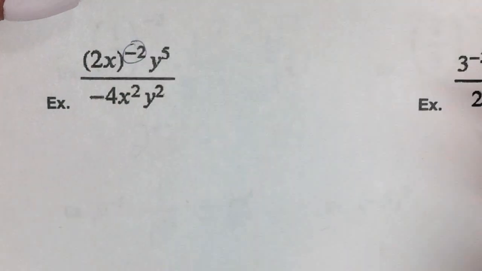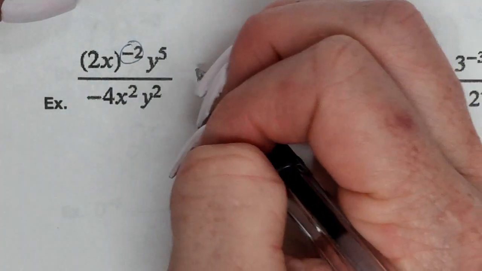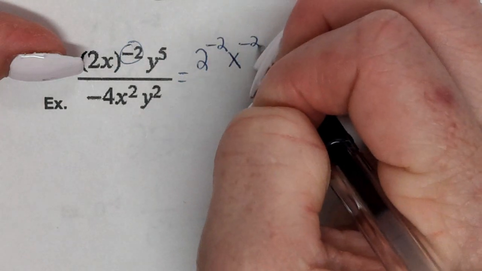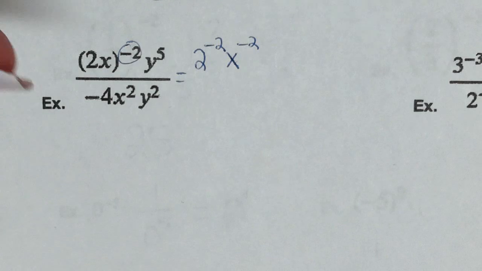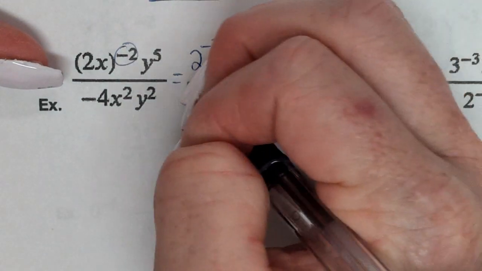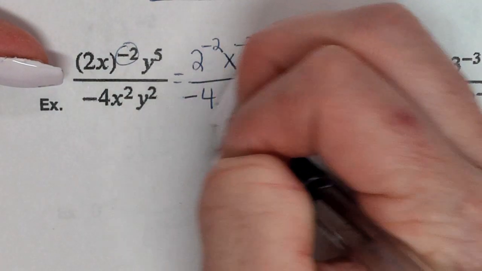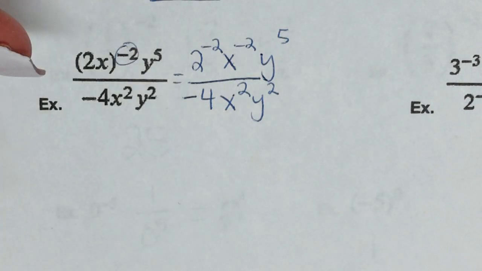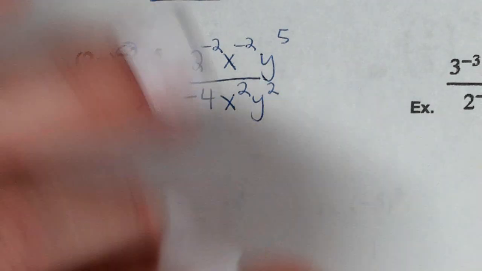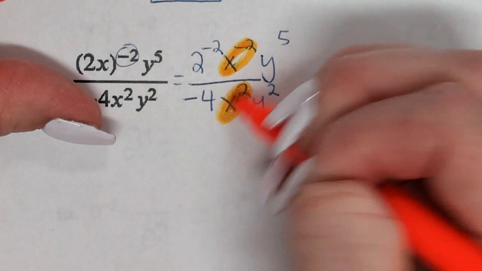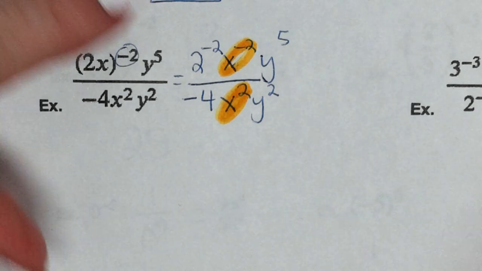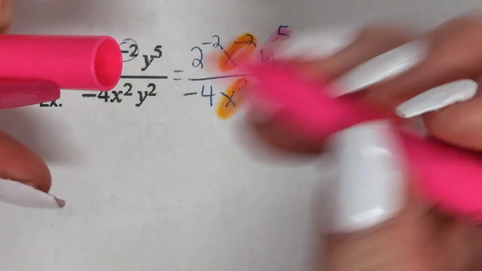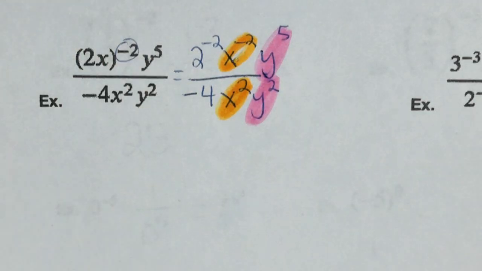Everything in parentheses needs to be raised to the... All right, here we go. 2 to the negative 2, x to the negative 2, and now I'm just going to write everything else. Y to the 5th over negative 4, x squared, y squared. That wasn't hard, right? Now I'm going to highlight what can be combined. I don't want to deal with this negative exponent yet, so I'm just going to leave it alone. I'll deal with it in the end.